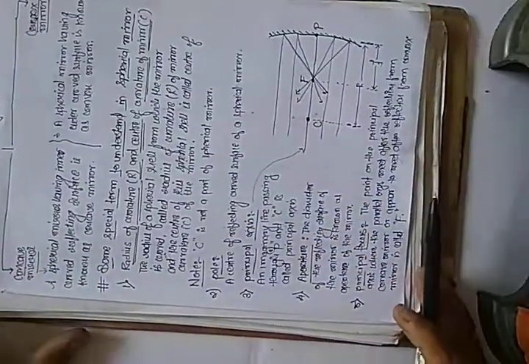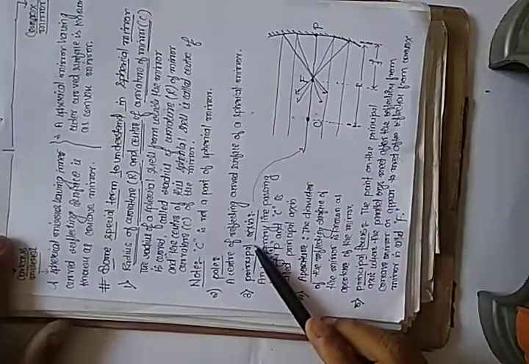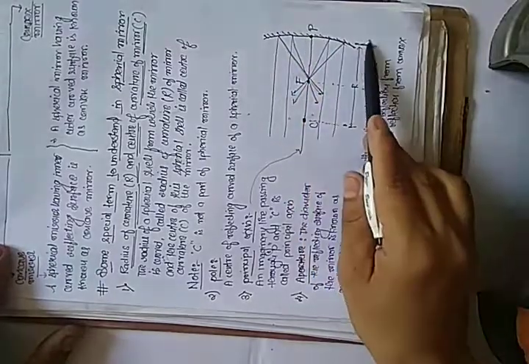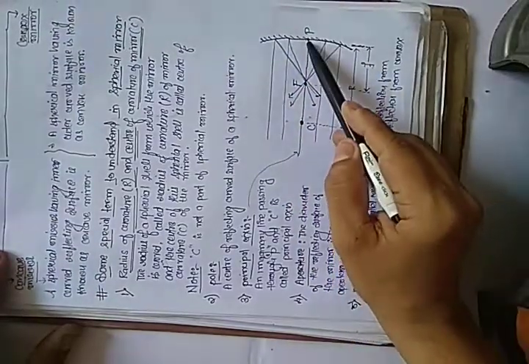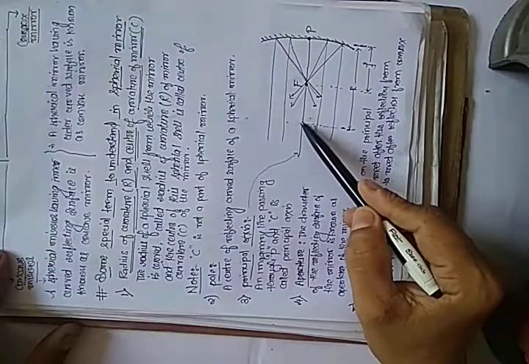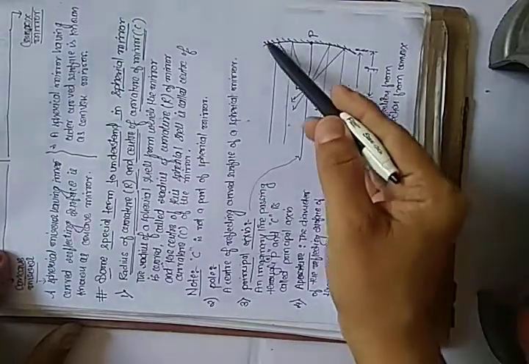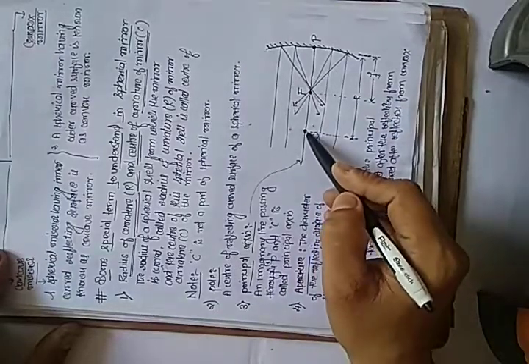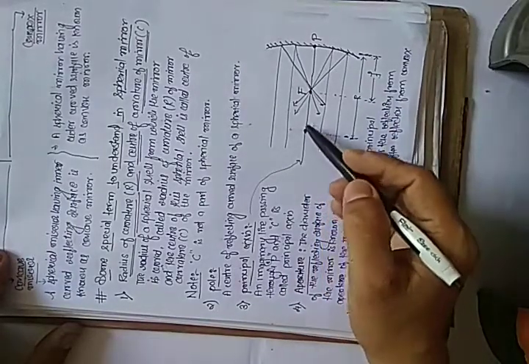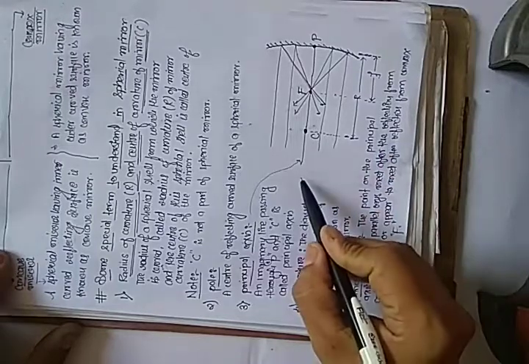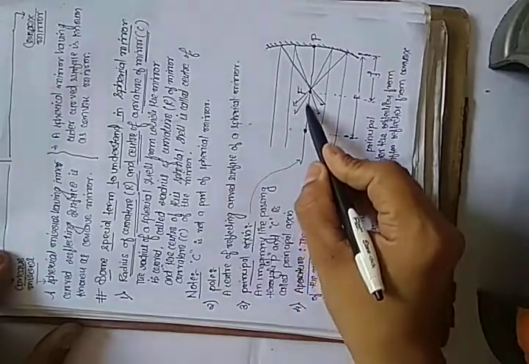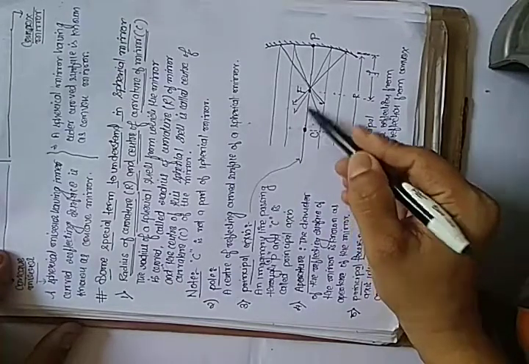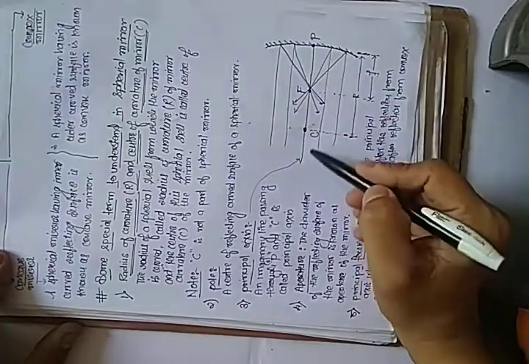Now the third one is principal axis. What is principal axis? First of all, draw a concave mirror. This is the pole. What is C? C is the center of the whole sphere, the center of the sphere. So this is called center of curvature. A line which passes from the center to the pole is called principal axis.